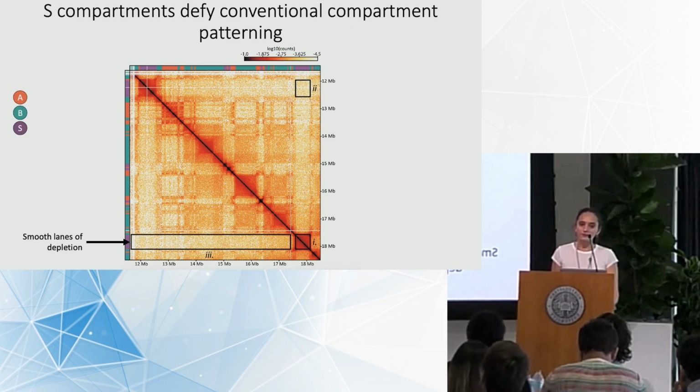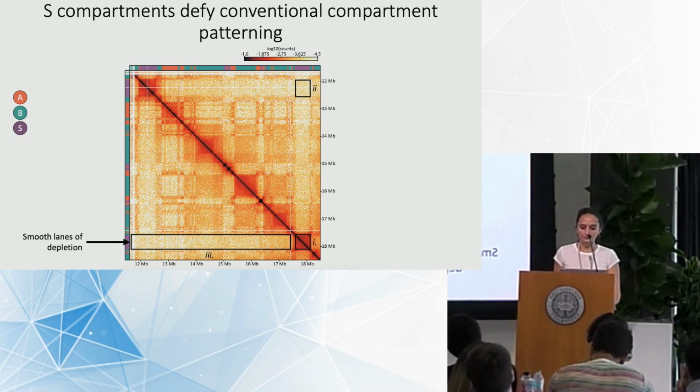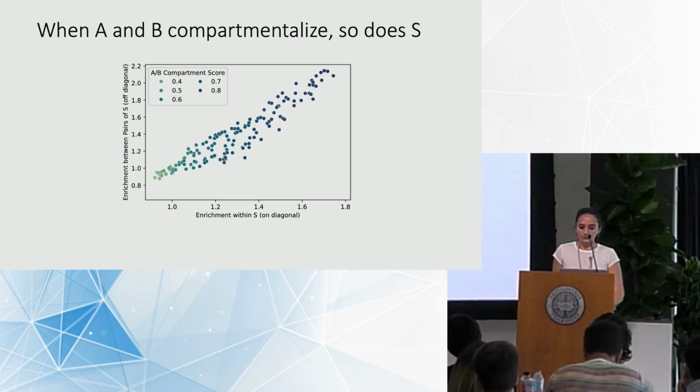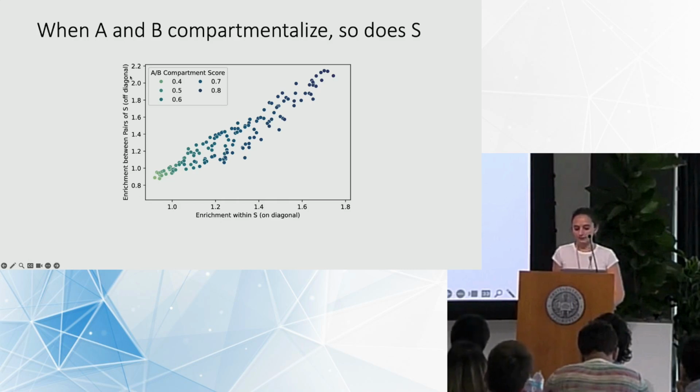So do S domains and S compartments form by the same mechanism that we believe forms A-B compartmentalization? To answer that, I looked at how two of these features change when we induce A-B compartmentalization to varying degrees: the S enrichment on the diagonal, shown on the X-axis, and the S enrichment off of the diagonal, on the Y-axis.